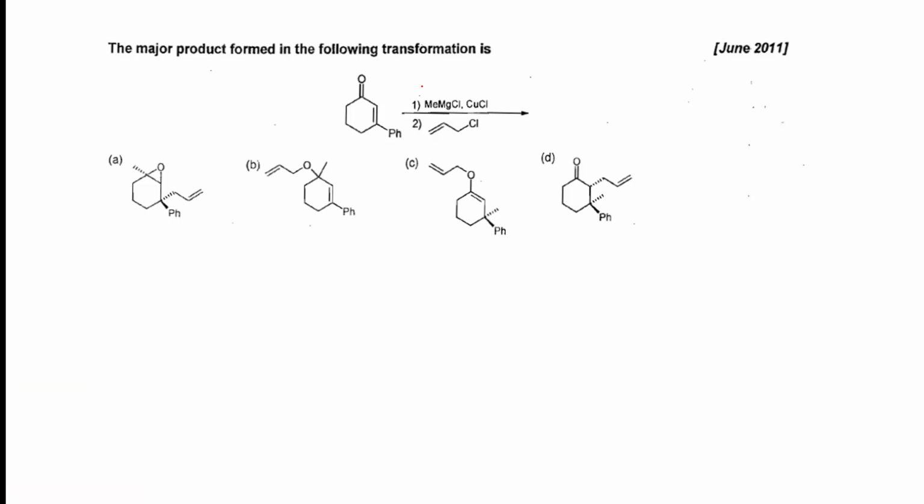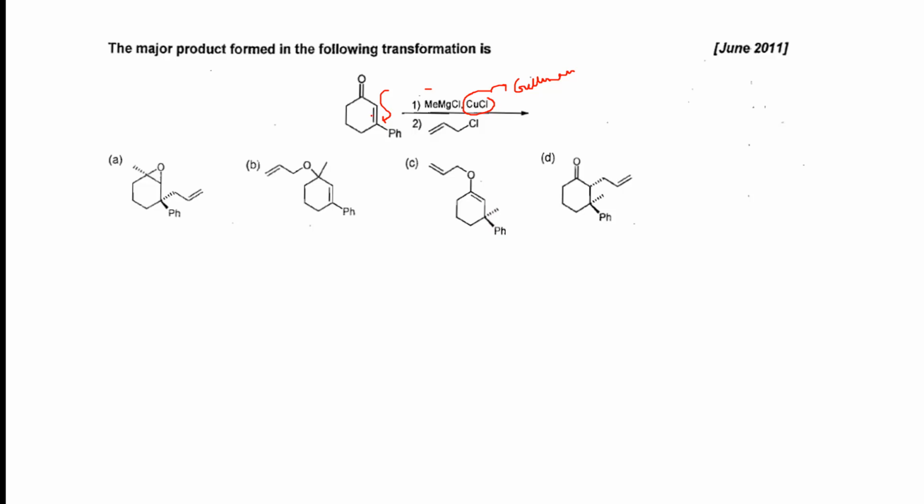So what will happen here? With this Grignard reagent they have also given copper chloride. So in the medium it will generate a Gilman reagent. That will attack this beta carbon.